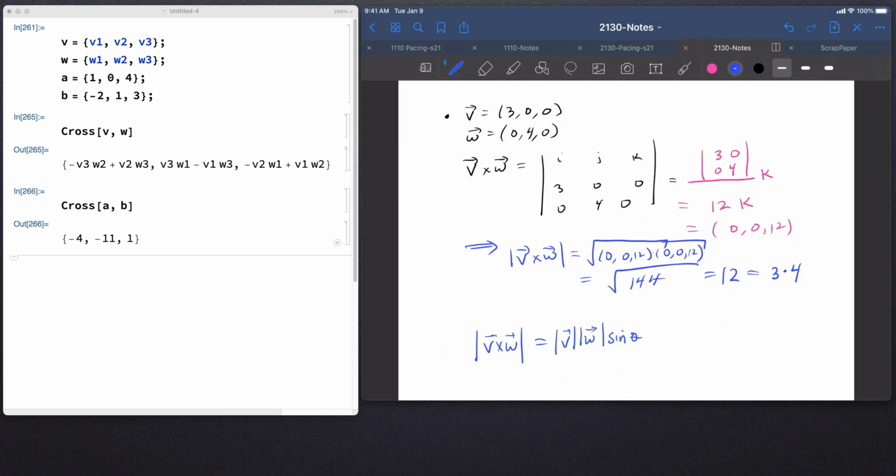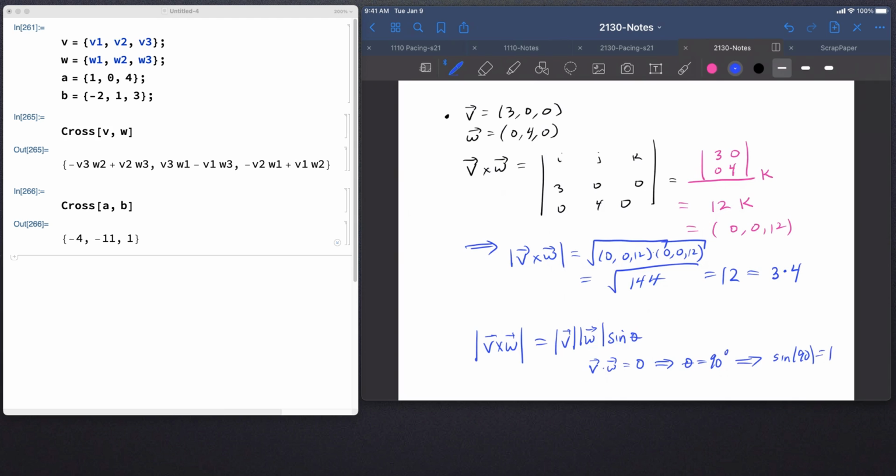And what we can see here is that since the vectors v and w dot product to 0, this means that the angle between those vectors is 90 degrees, and therefore the sine of 90 degrees is equal to 1.